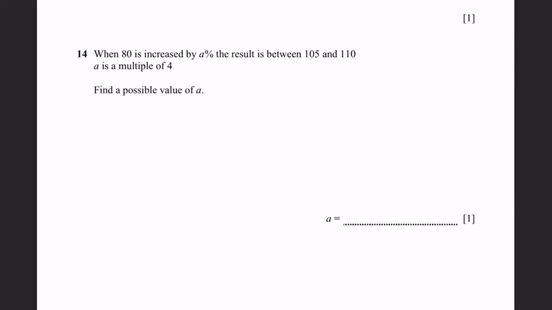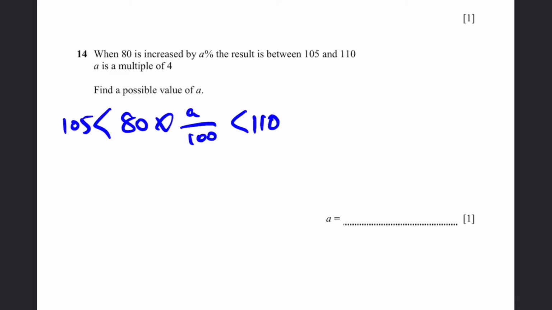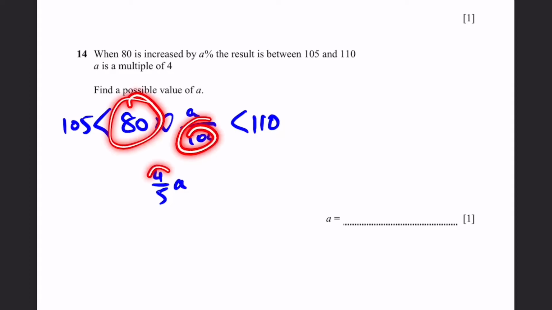When 80 is increased by A%, the result is between 105 and 110. A is a multiple of 4. Find the possible value of A. So that means 80 times R by 100 is between 105 and 110. So it's less than 110 and greater than 105. We can write this as 4 by 5 R because 80 divided by 100 is 4 by 5.